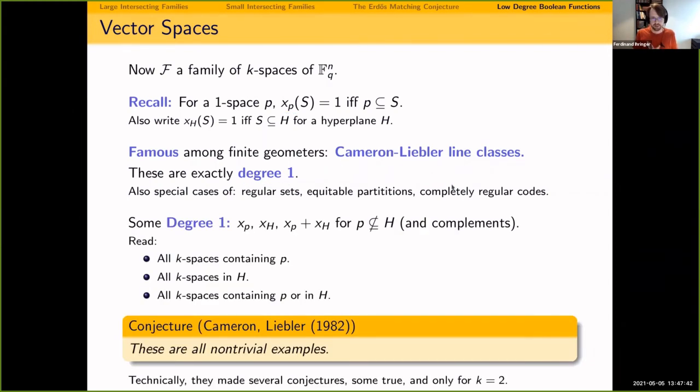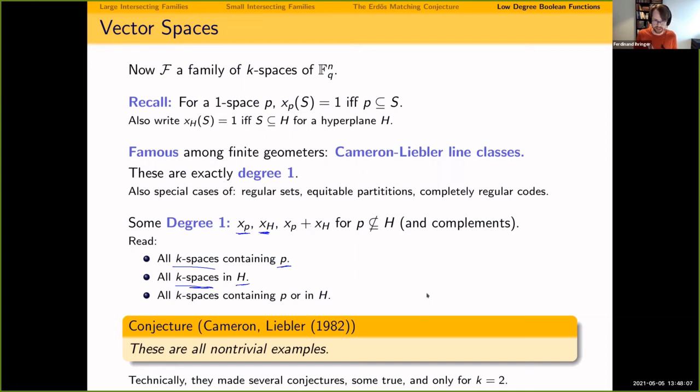And as before, you have a list of canonical examples that seem natural to look at. For example, you can take all k-spaces which contain a fixed one-dimensional subspace. You can take all k-spaces which lie in a hyperplane, and I can write them in this short way in the same format as before, as degree 1 polynomials.